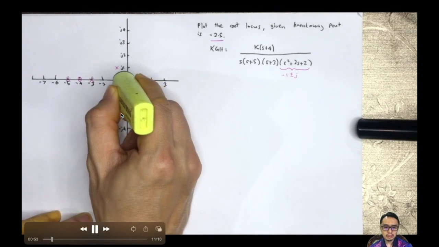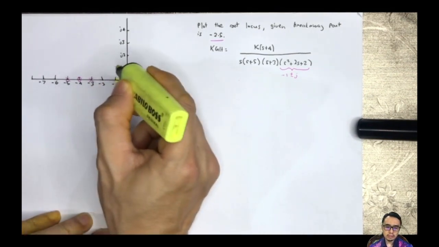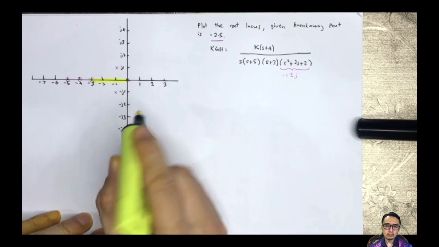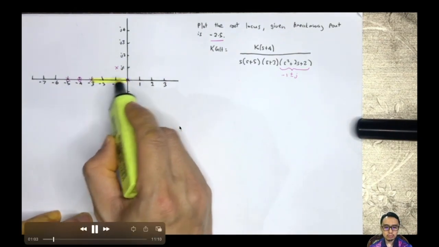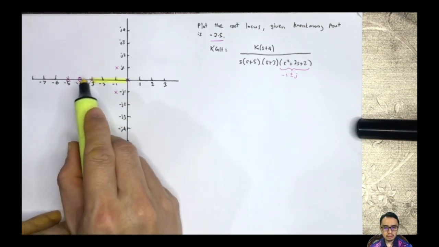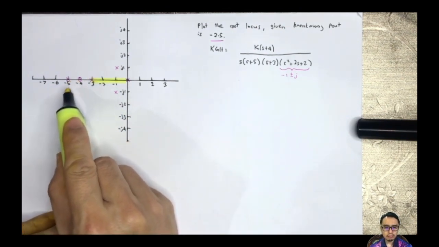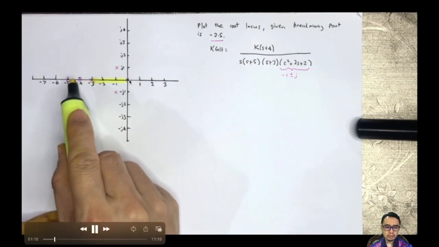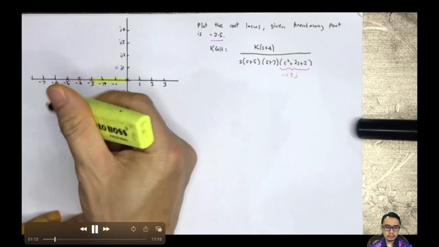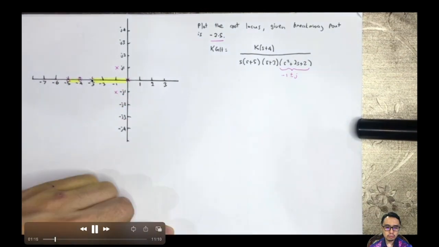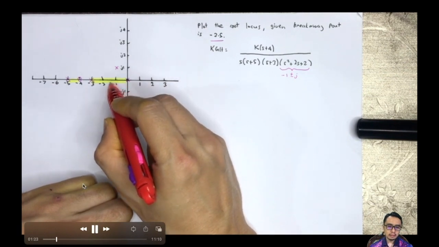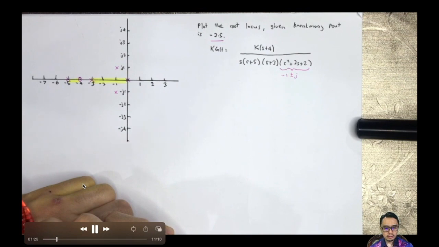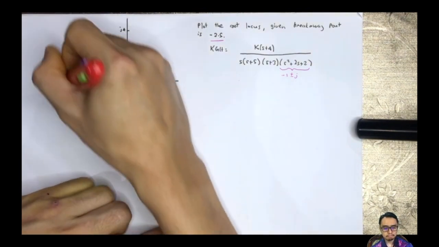Okay, so let's mark the location of the locus at the real axis. So remember the rule where the locus should be to the left of odd number of poles and zeros. So here there's 1, so there should be a locus here. Over here there's 2, so there's no locus here. Over here there's 1, 2, 3, so it should be a locus here. So I've marked it, the location where locus should be in the real axis.